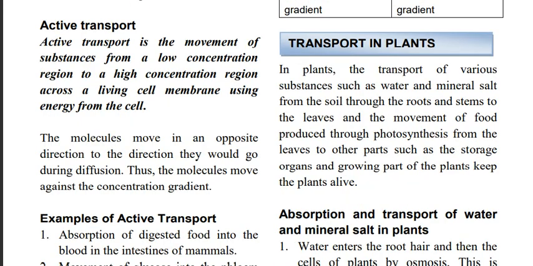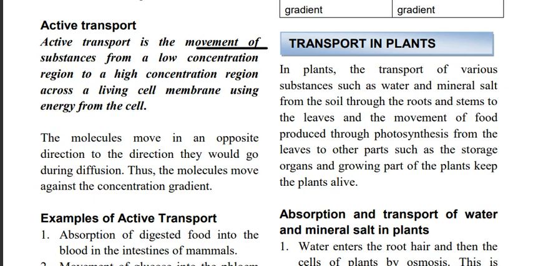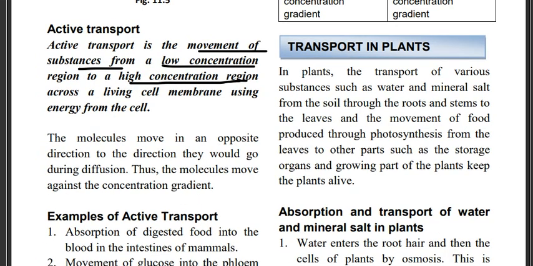Alright, now we come to active transport. What is active transport? Active transport is the movement of substances from a low concentration region to a high concentration region across a living cell membrane using energy from the cell.